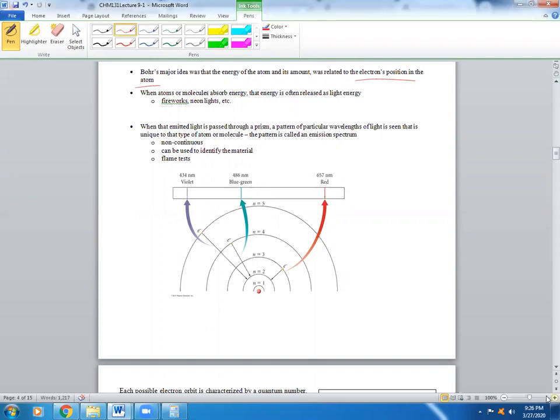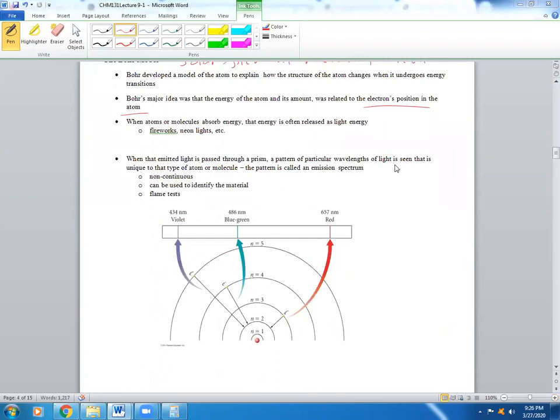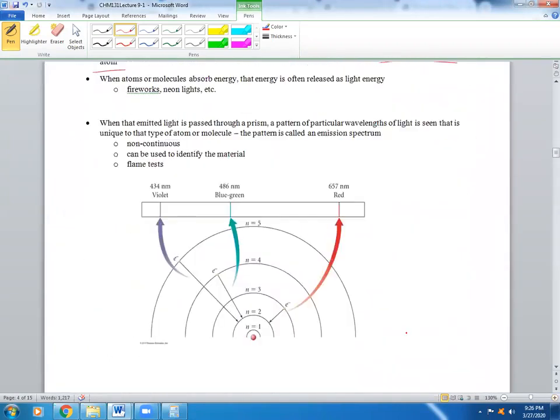Okay. So if you look here, here's the nucleus. And those orbits are what we call energy levels.